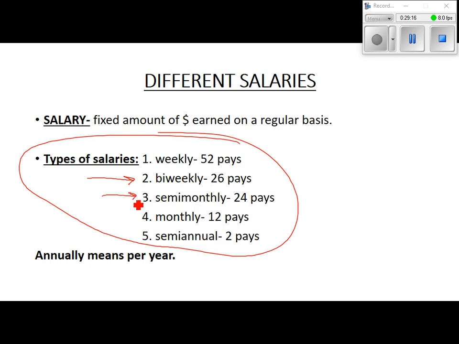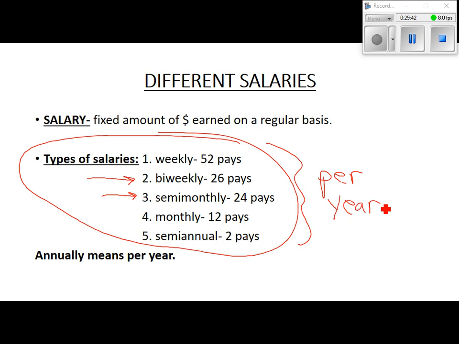All right, let's run through these and then we'll go back and talk about that. If you get paid weekly, that means you get 52 pays per year. All of these are per year. If you get paid bi-weekly, what's bi-weekly mean? Every other week, every 2 weeks.